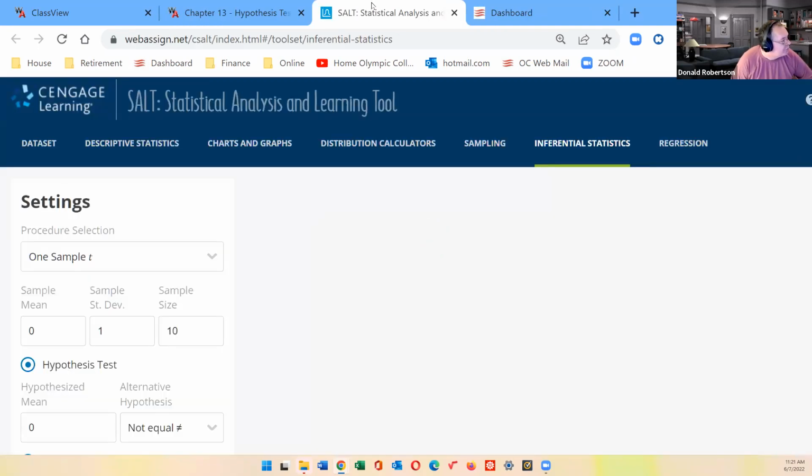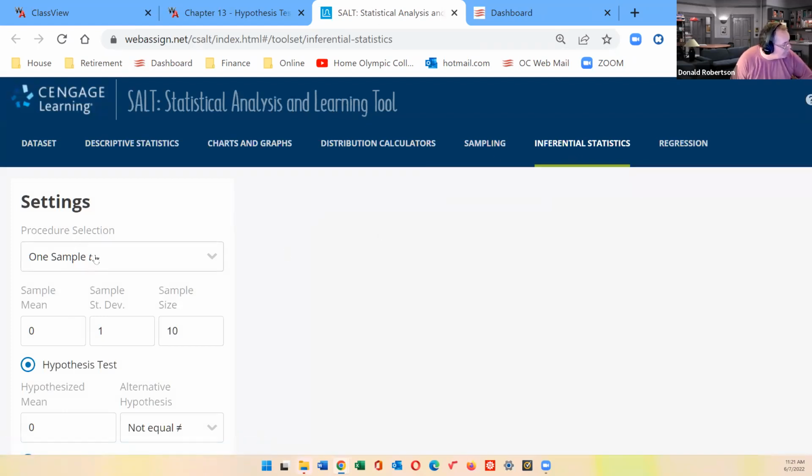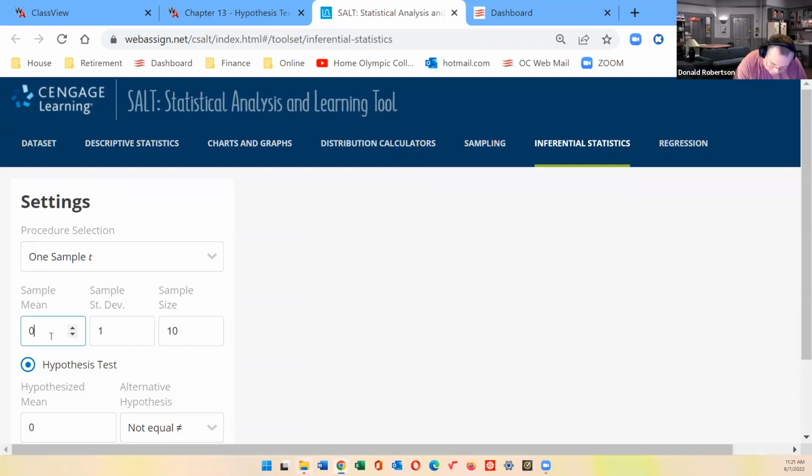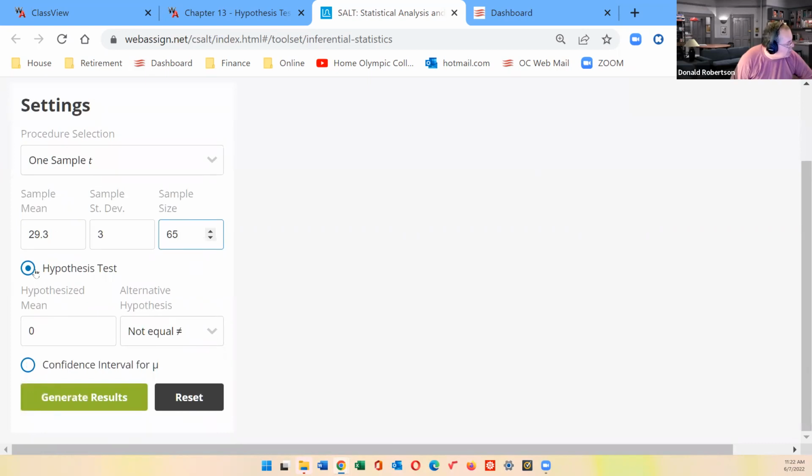We'll hit the use SALT button and it's on inferential statistics and it's on one sample. And the sample mean was 29.3 and the standard deviation was 3 and the sample size is still 65. I then make sure it's hypothesis test.